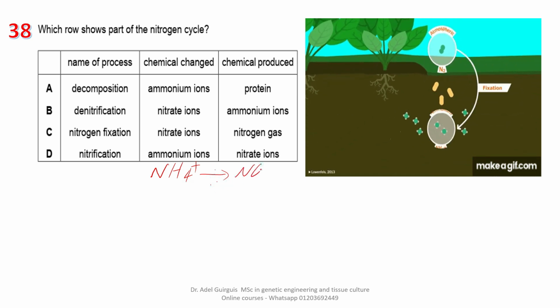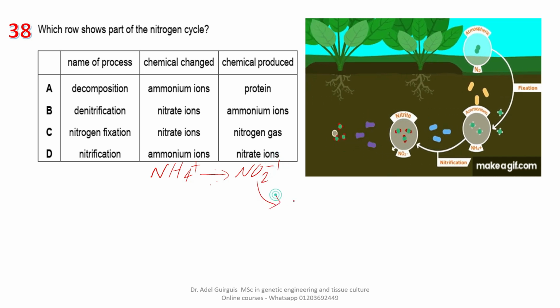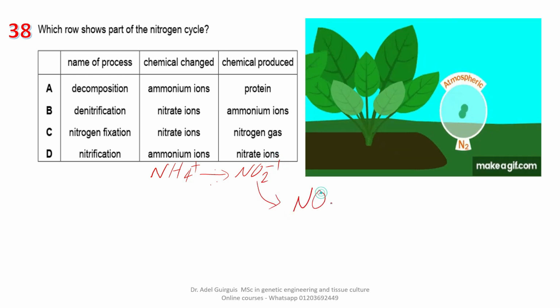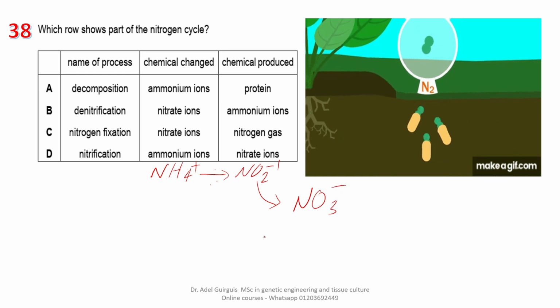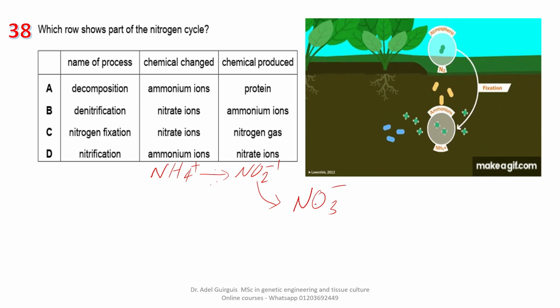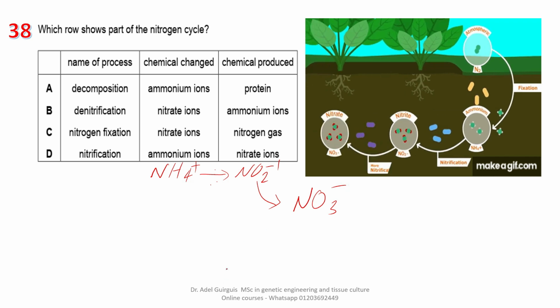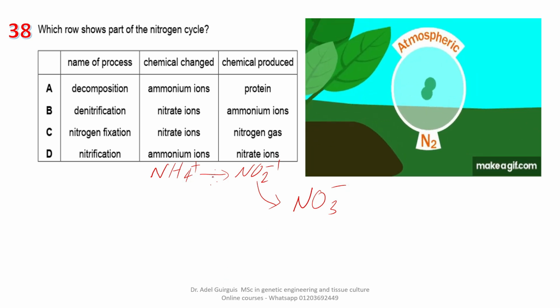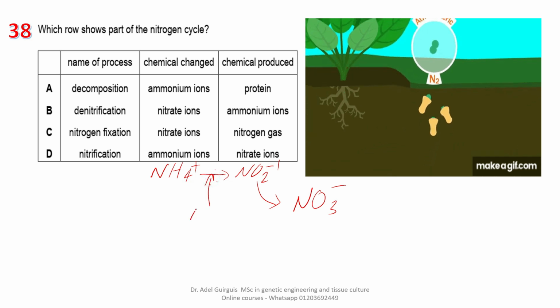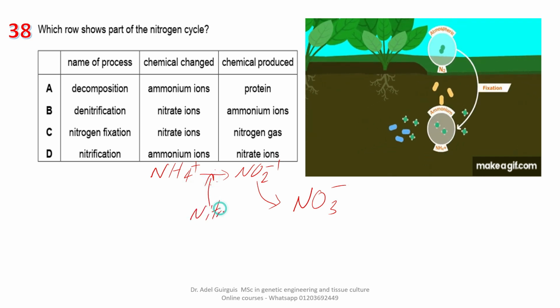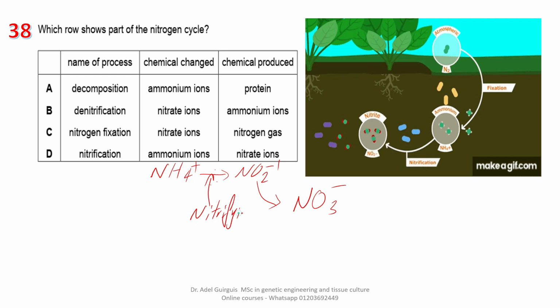Firstly NO2 minus, nitrite, then changed into NO3 minus, nitrate. Nitrate ions are absorbed by plant roots.